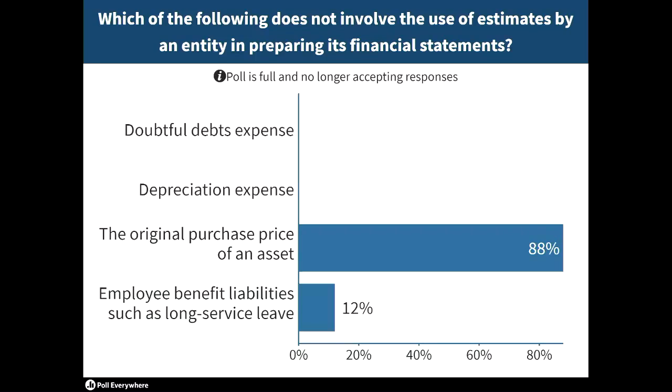Maybe I have 100 people, they have been working here for 20 years, and I may estimate 20% of them every year may take long service leave, right? So that's the estimation. So the answer should be C, right?